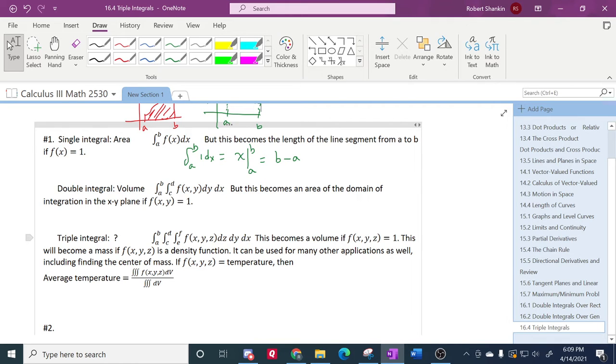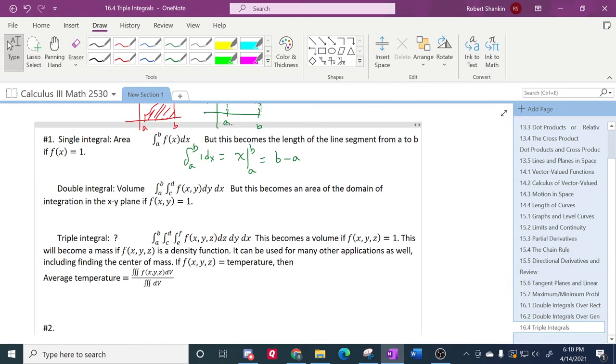Well, we might come up with a density function. F of xyz is the density at the point xyz. Alright. And then we might get a crude estimate for the entire mass by saying, alright, let's just get the average density for the entire region and multiply it by the volume of the region.